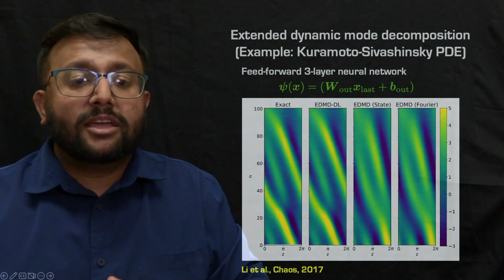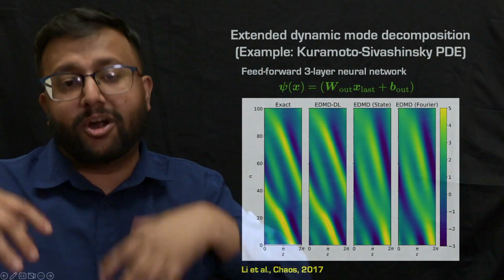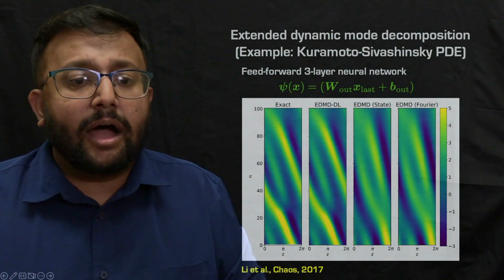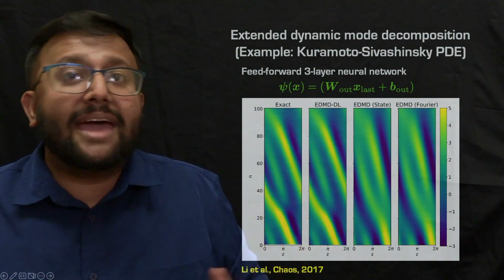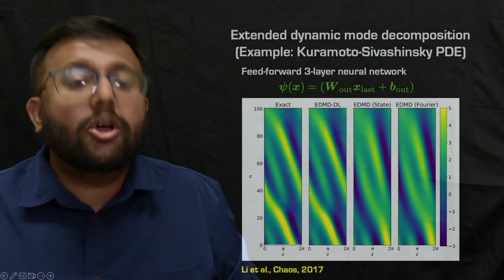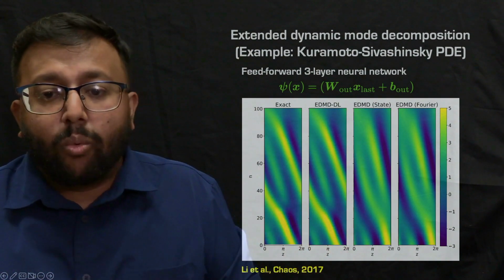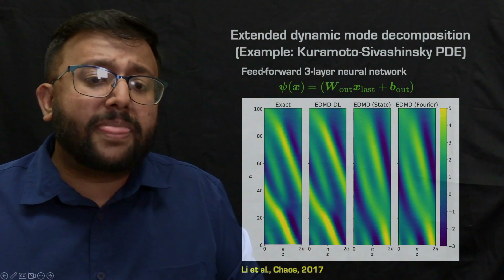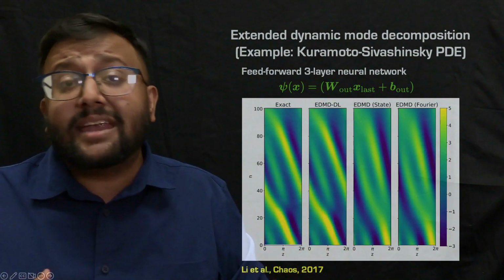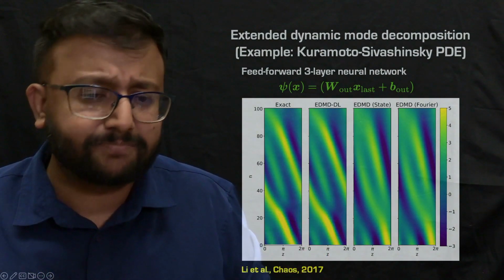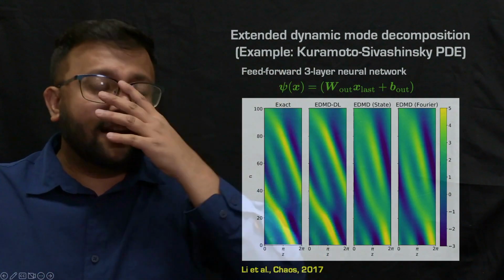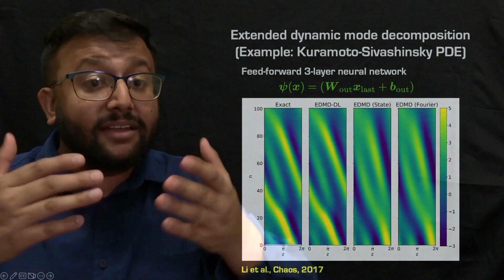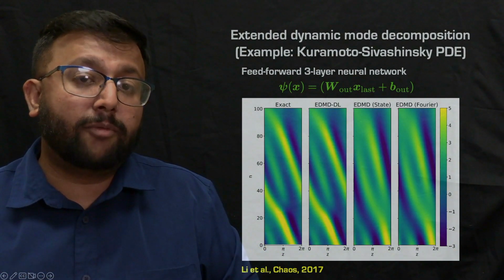Along with this feed-forward neural network construction, which is shown in the second column, we can also compare it with other augmentations not based on neural networks. One is we can use the state and its spatial derivatives. The other is we can use the state and its Fourier coefficients, to build an enlarged basis representation, regress the dynamics, and then look at the evolution of the PDE.